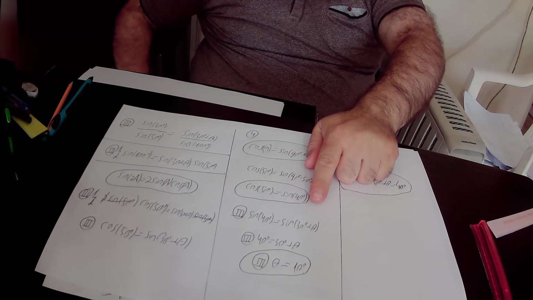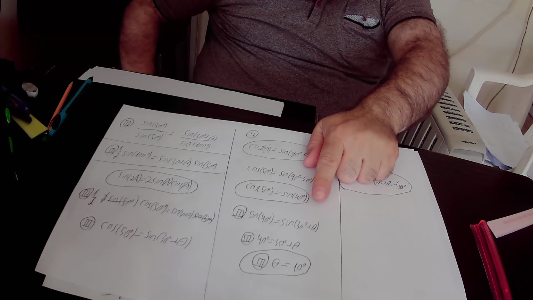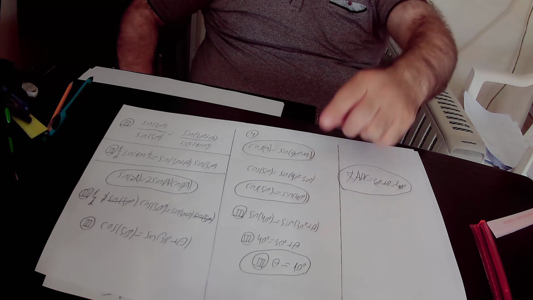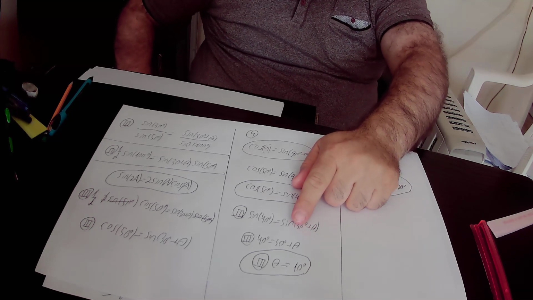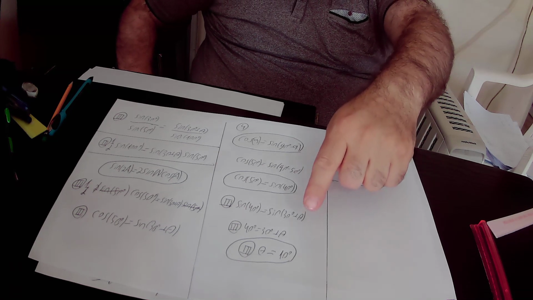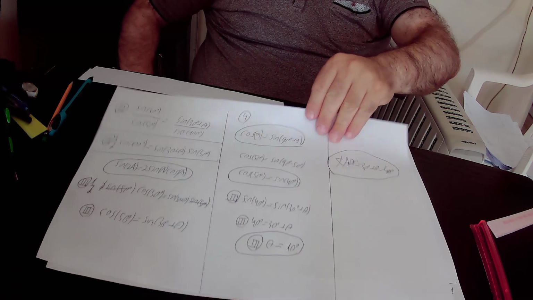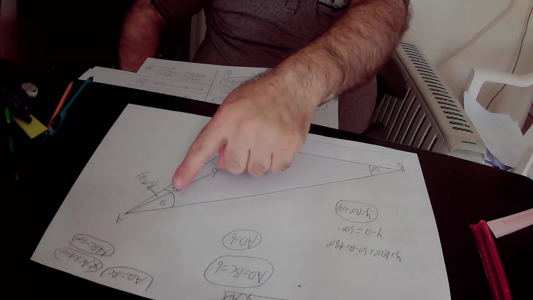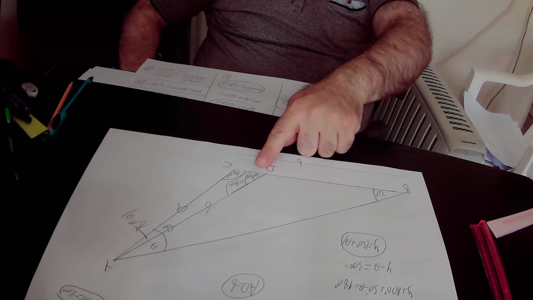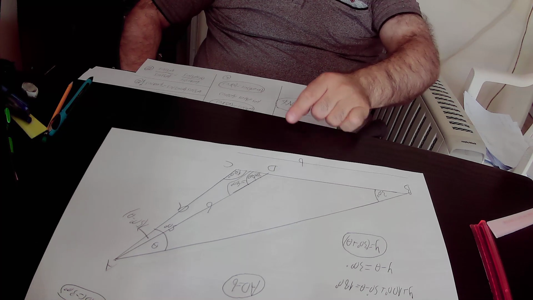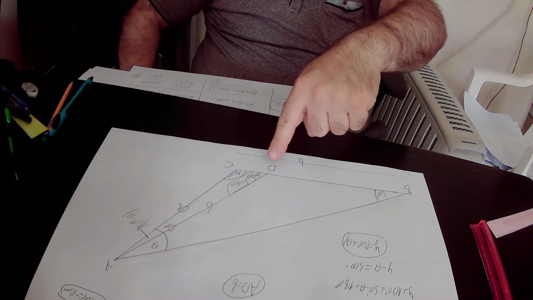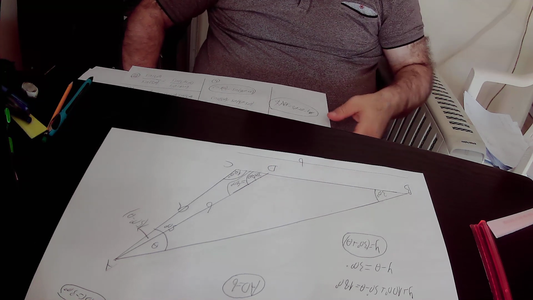We did it, and we found out that sine 40 degrees equals sine 30 degrees plus theta. Sine 40 degrees equals sine 30 degrees plus theta means that 40 degrees equals 30 degrees plus theta. Here we subtracted 30 degrees from this equation, and we found out that the value of angle theta is 10 degrees. But the angle that we are looking for is actually angle ADC that equals 30 degrees plus theta.